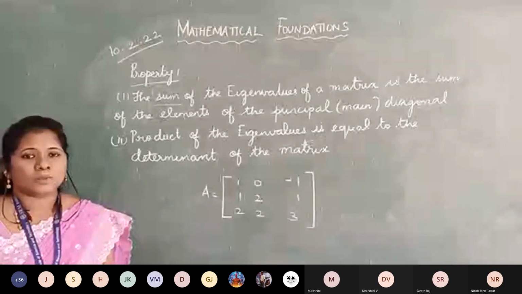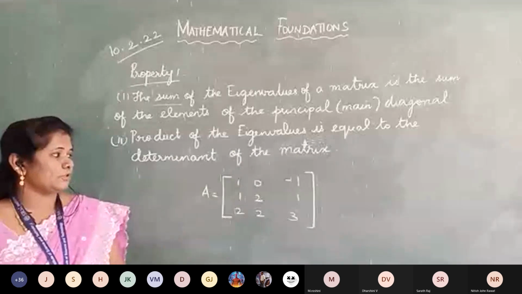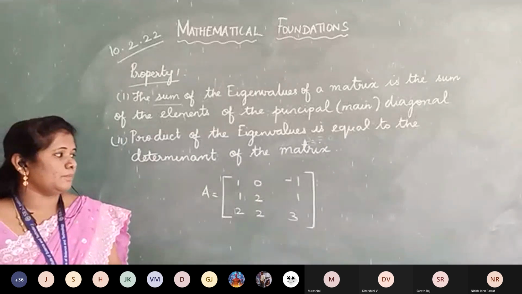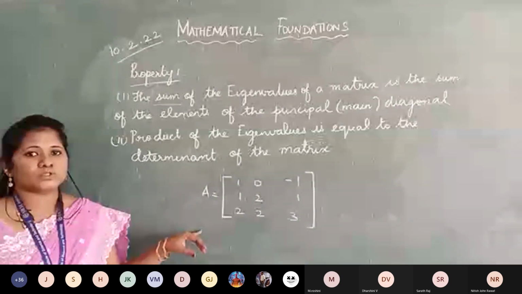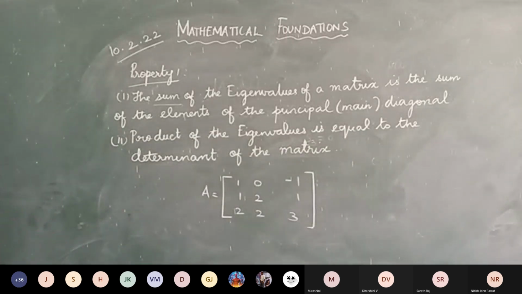When you found out your eigenvalue and eigenvector for this one, what was your lambda? Tell me your lambda values for this problem.